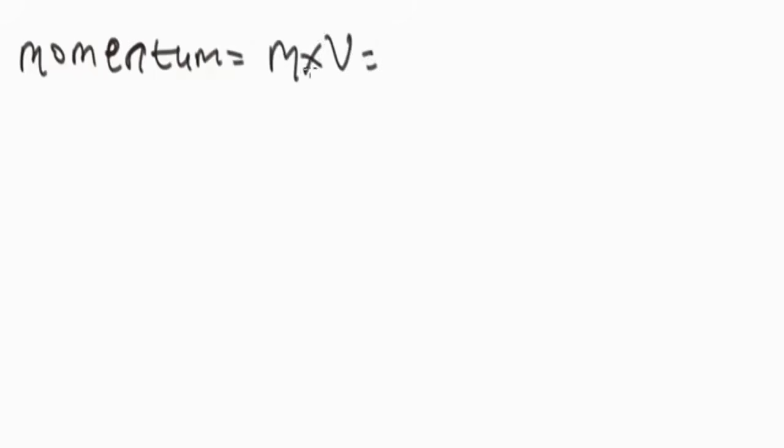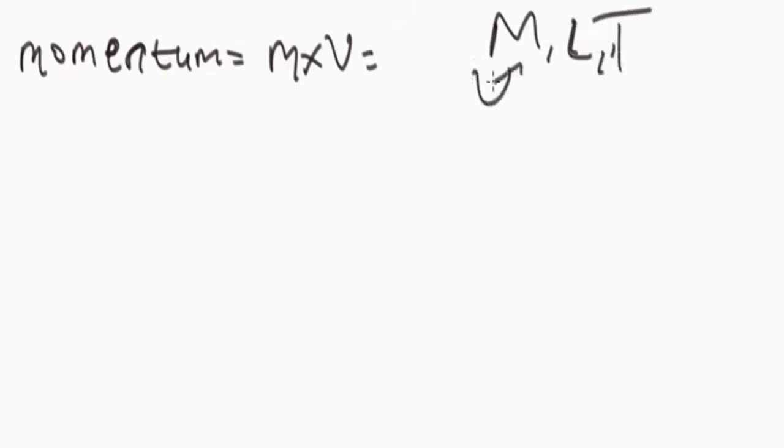Let's write this and solve another example. What if you're asked to find the dimension of momentum? Momentum is calculated using mass times velocity. Remember, we are looking at how these derived quantities relate to mass, length, and time. That means mass will not change.